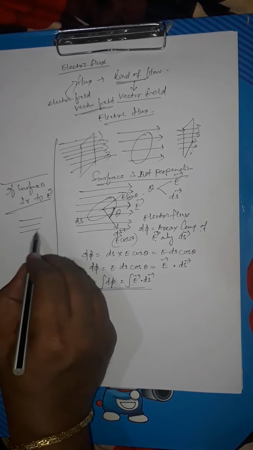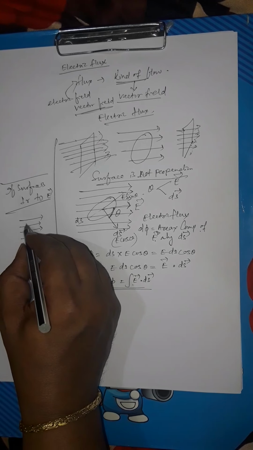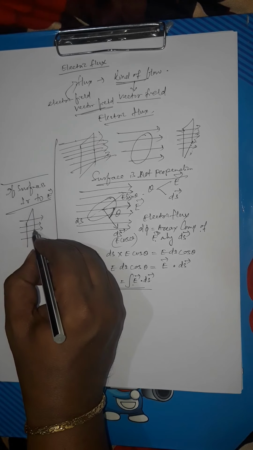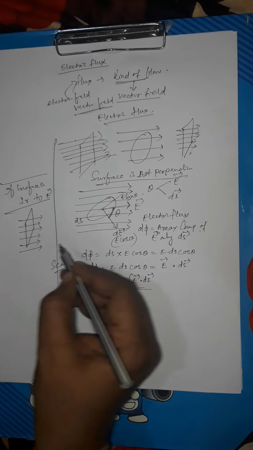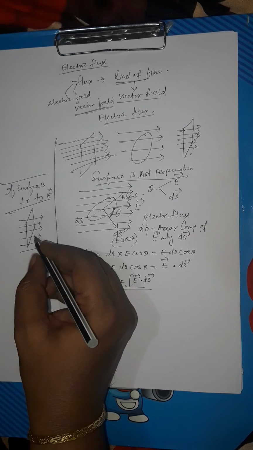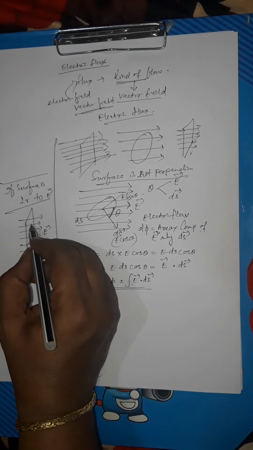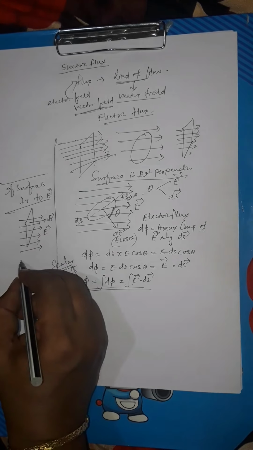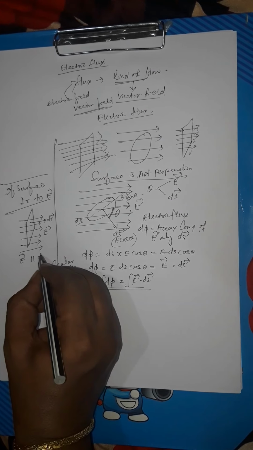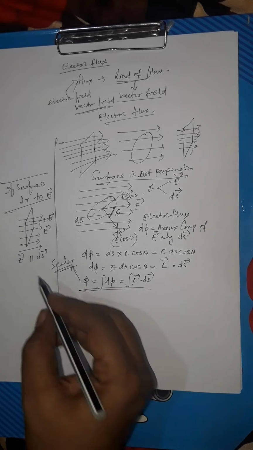Suppose this is your electric field vector represented by a parallel set of electric lines of force, and this is your surface, which you orient perpendicular. This is your E vector. When you draw a normal, this is your ds vector. Now E vector is parallel to ds vector.